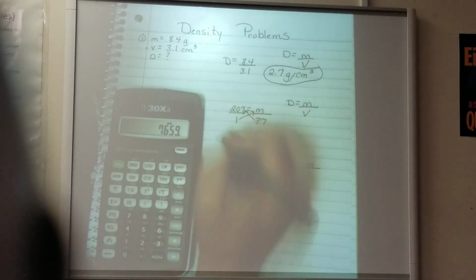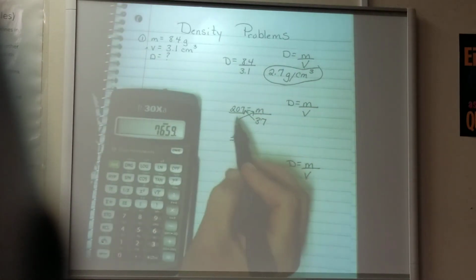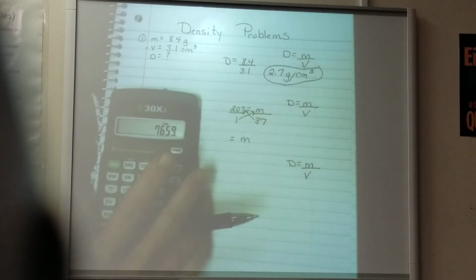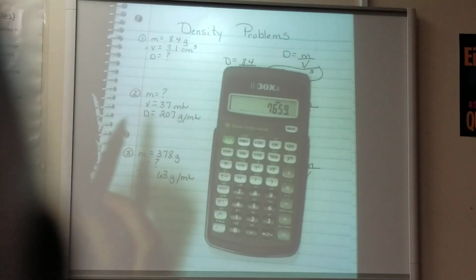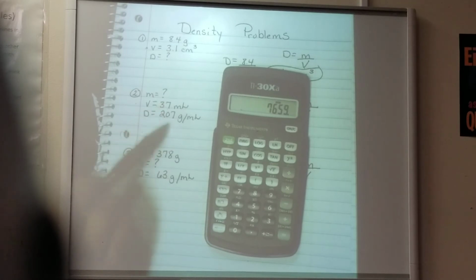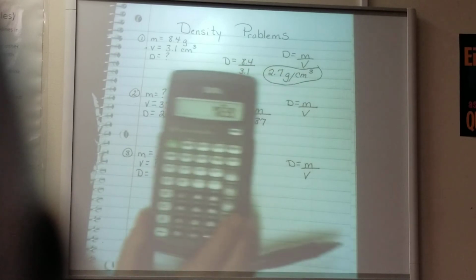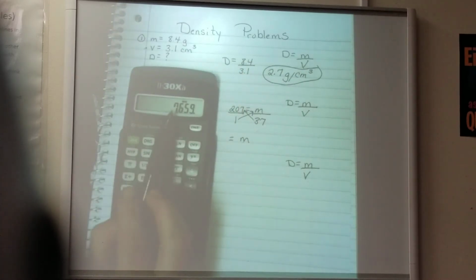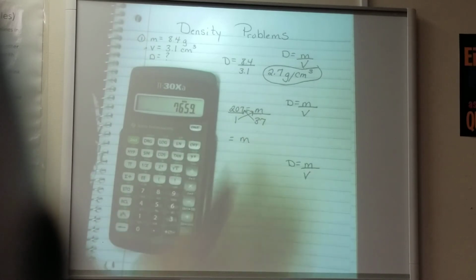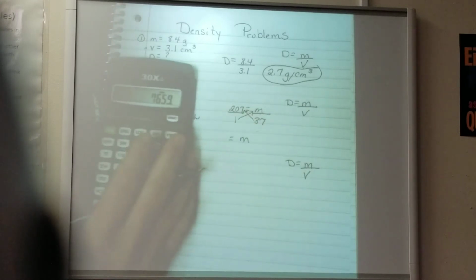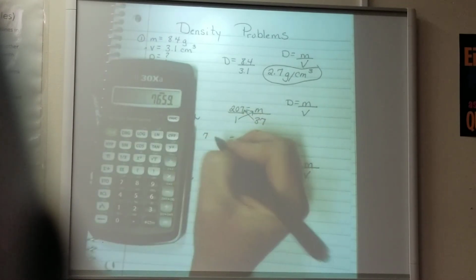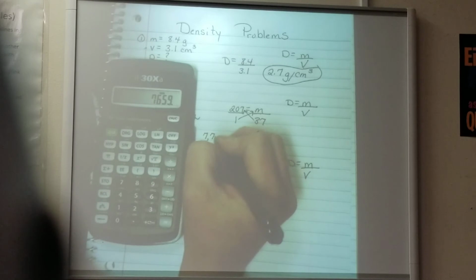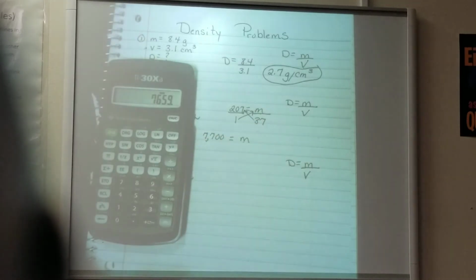So I'm going to write that here, but as I write it, we know we need sig figs, correct? So looking back at your original variables, you've got 2 and 3. The one with the least is 2. My answer needs 2, okay? So 1, 2, you see this reads 7,659. 1, 2, the 5 bumps the 6 up, so 7,700, and you have to put those placeholders in there, okay?